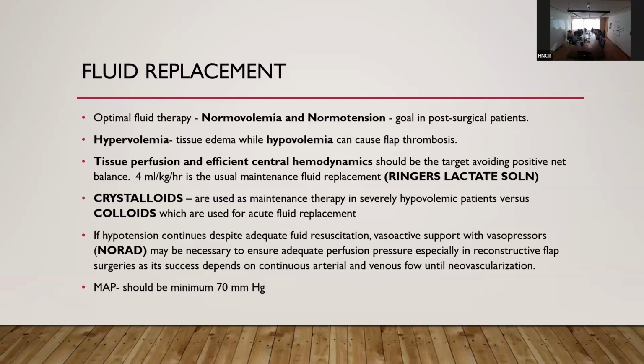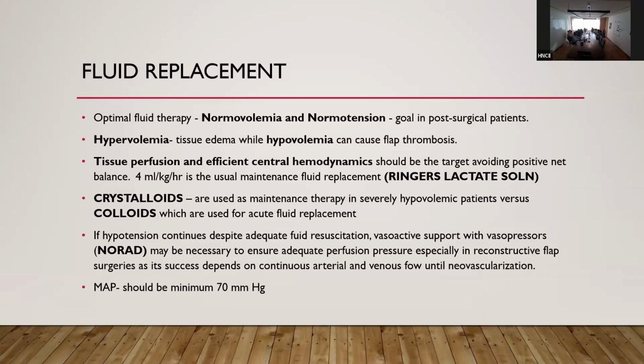Then coming to fluid replacement. Optimal fluid therapy should be given to ensure normovolemia and normotension. This should be our goal in these post-surgical patients, because hypervolemia can lead to tissue edema while hypovolemia can cause flap thrombosis. Tissue perfusion and efficient central hemodynamics, so the vitals should be maintained.